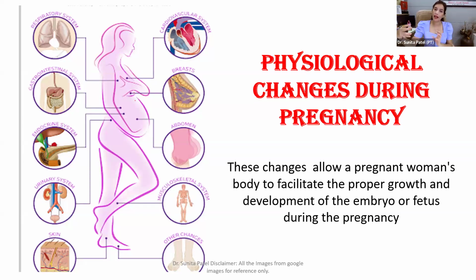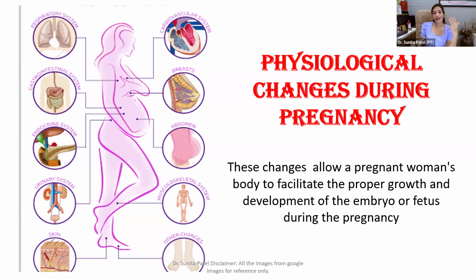That excretion will go through the placenta and affect our urinary system, or our digestive system, urinary system specifically here. So to meet that demand, our urinary system is also going to change.